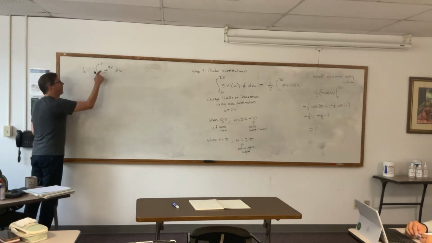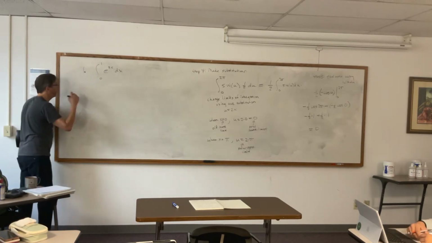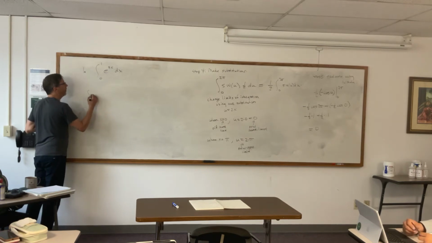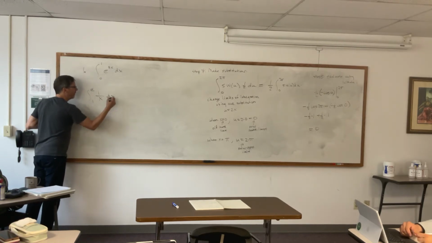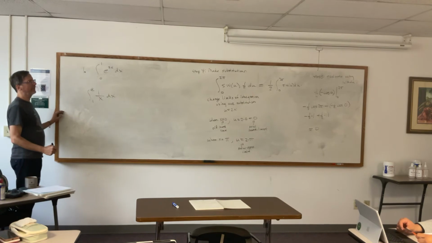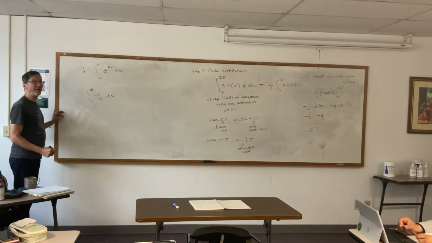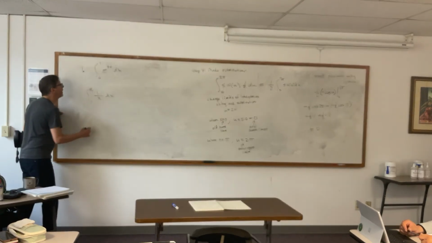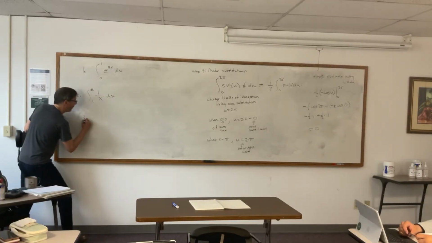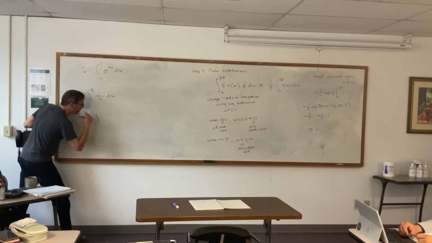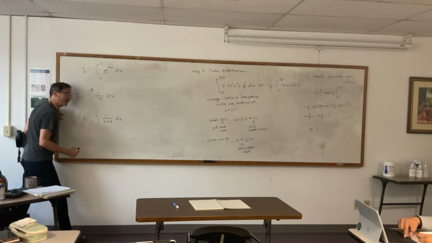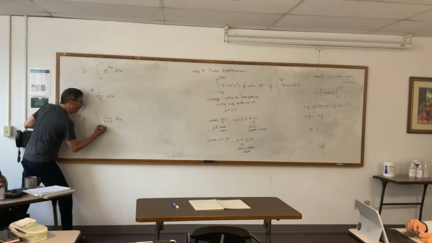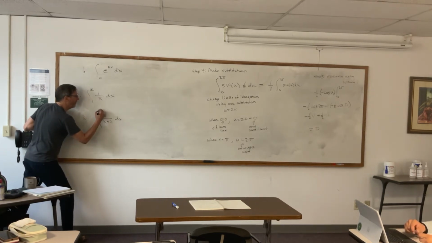So, integral from 0 to 1, e to the 3x dx. Integral from 1 to e, and this one's not going to be super tricky, but test your log knowledge, or at least refresh it briefly. That's 2. 3 is the integral of 1 over x plus 2, dx, from 1 to 3.